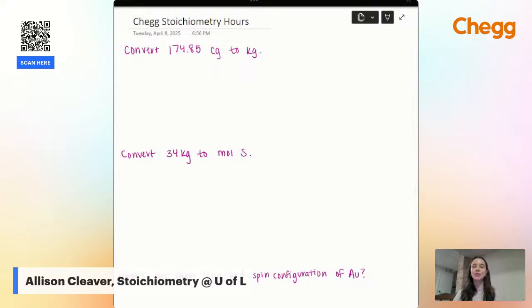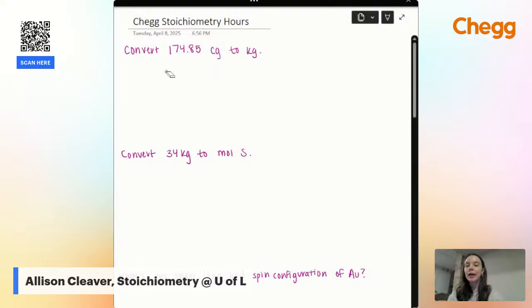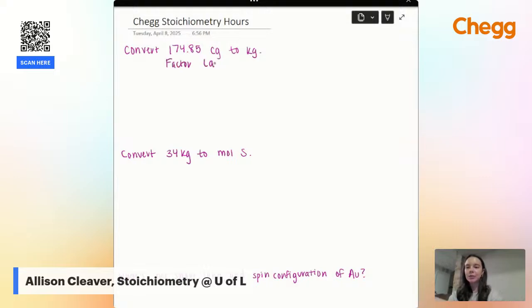3, 2, 1. Okay, so I always like to start solving stoichiometry problems by making a little map of how I'm going to get from the beginning to the end. The way I go about this is called the factor label method. I was taught this in my sophomore high school chemistry class, and it's been the best thing I've been taught regarding chemistry since.